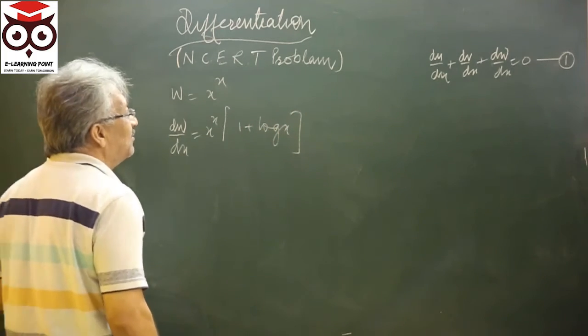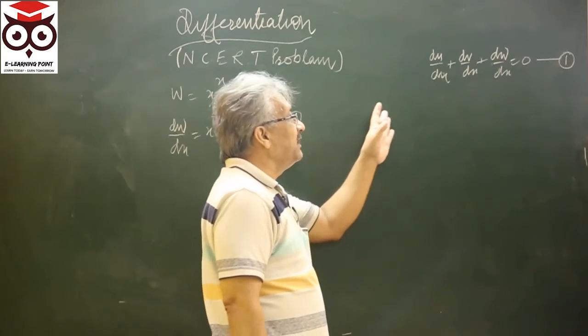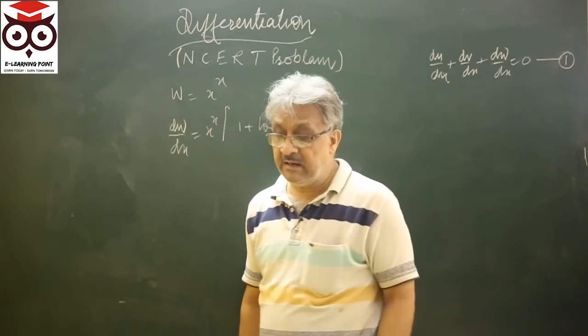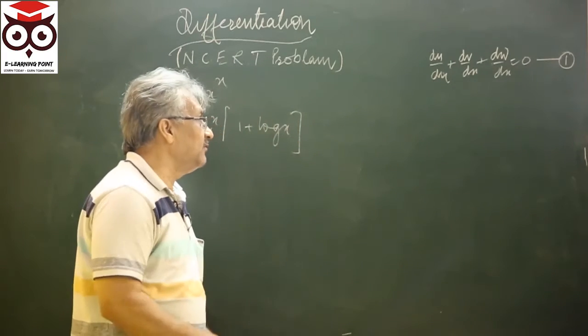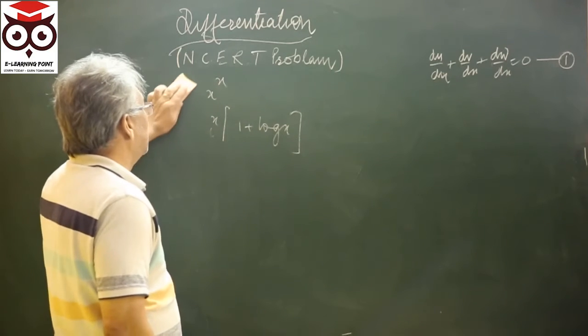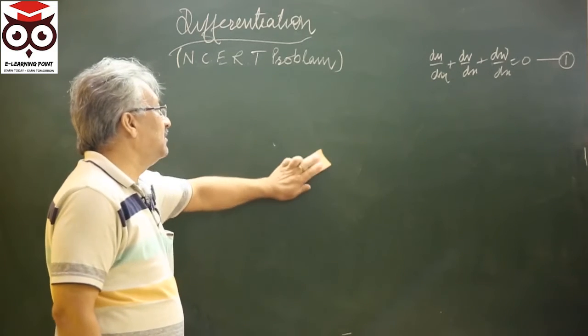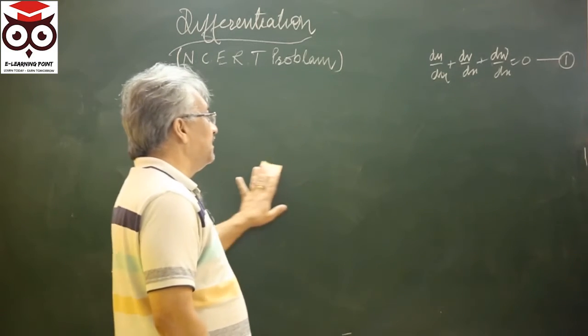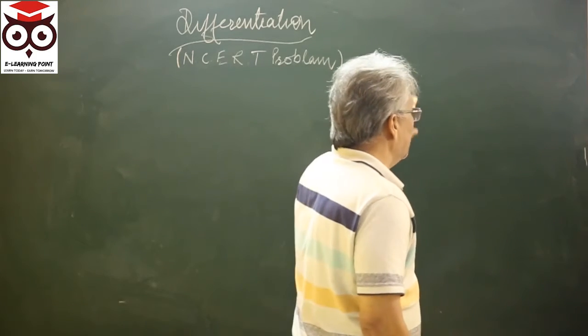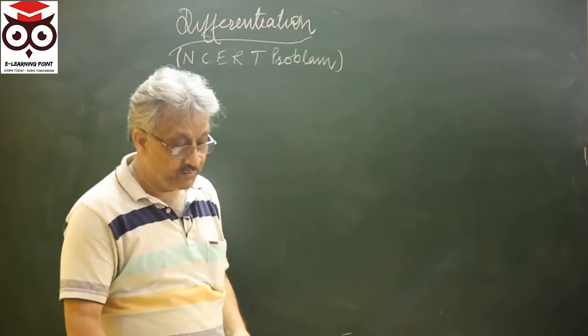All these values I will put in this equation, and then I will find out the value of dy by dx. This is a very good question and may be asked in your examination related to NCERT book.